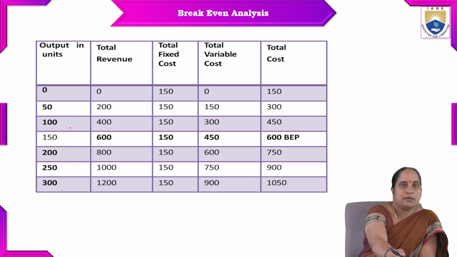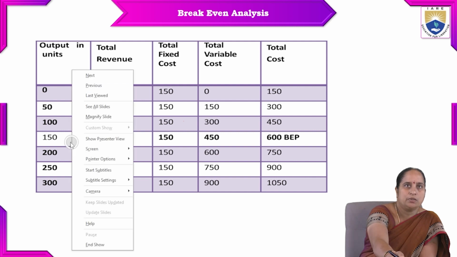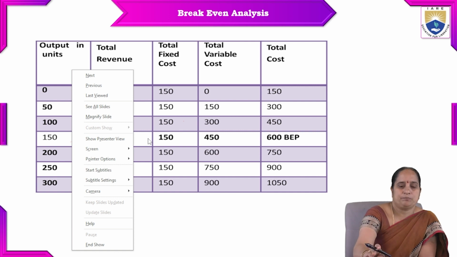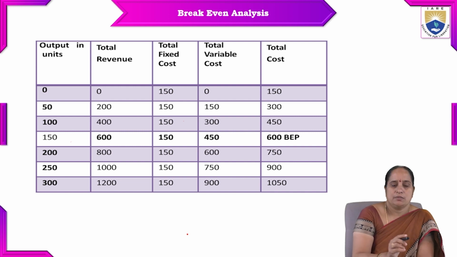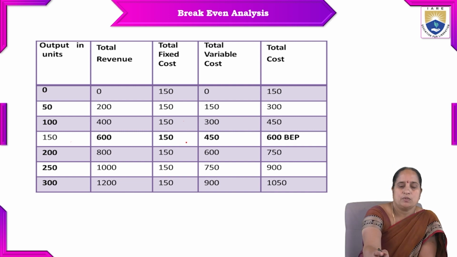When output is 100, total revenue is 400, fixed cost remains the same, variable cost is 300, and total cost rises to 450. When you add another 50 units, at 150 units of output, the total revenue generated by the company is 600, total fixed cost remains the same, variable cost is 450, and total cost becomes 600.